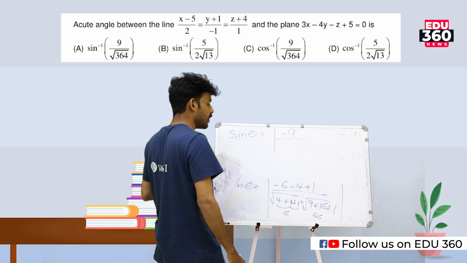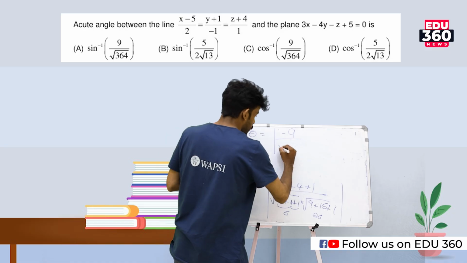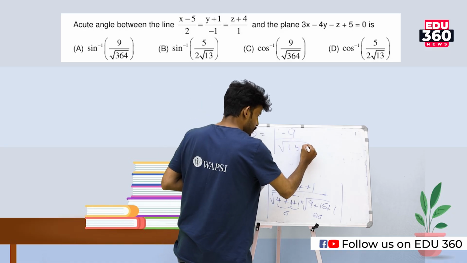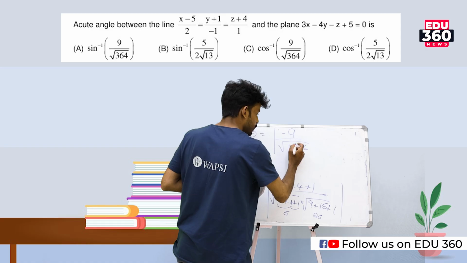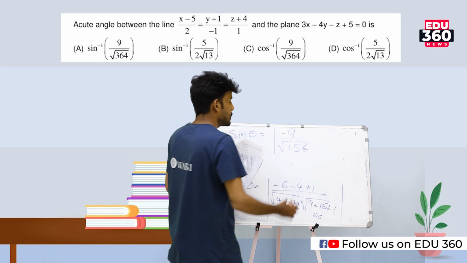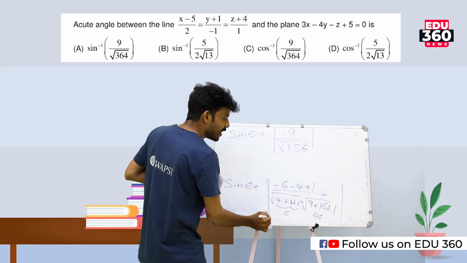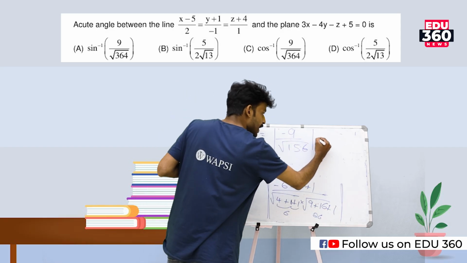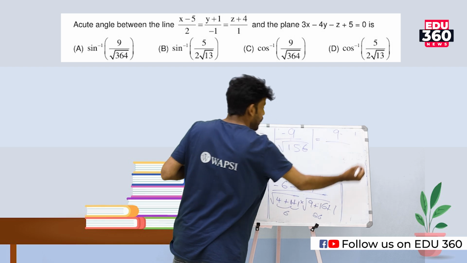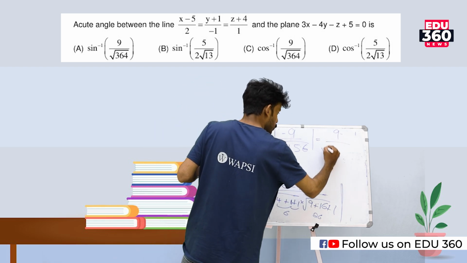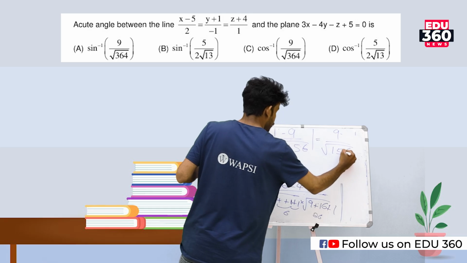So just multiply here, we got root of 156. It's already given, that is modulus, so this negative sign will cancel. So it will become 9 by root of 156.